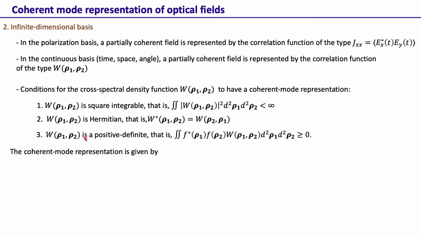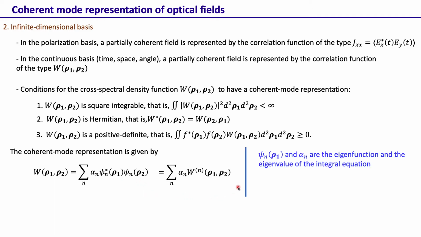So if these conditions are satisfied, then the coherent mode representation of this W is possible, and in that case we should be able to represent W in this manner. Now, what are psi star n and psi n? These are the eigenfunctions and eigenvalues of the following integral equation.